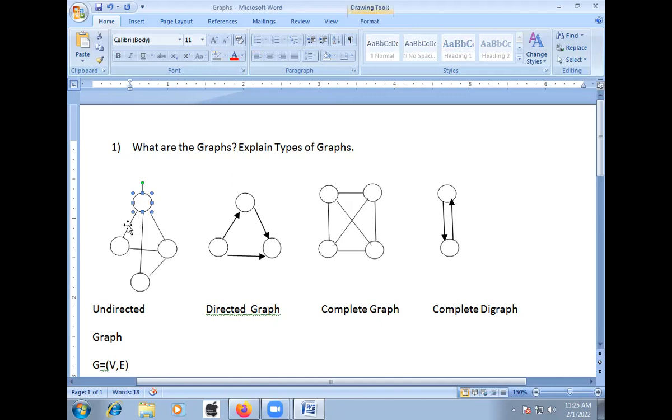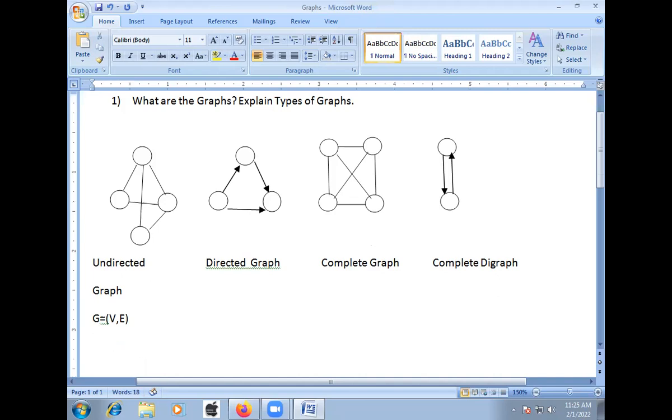Edges means this is an edge, this is an edge, this is an edge. They are called edges or lines or arcs. We need to use these alternative names. The combination of vertices and edges is called a graph, right?